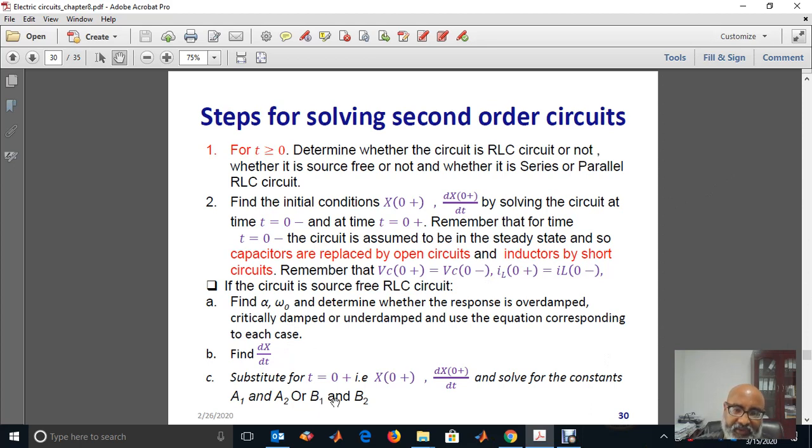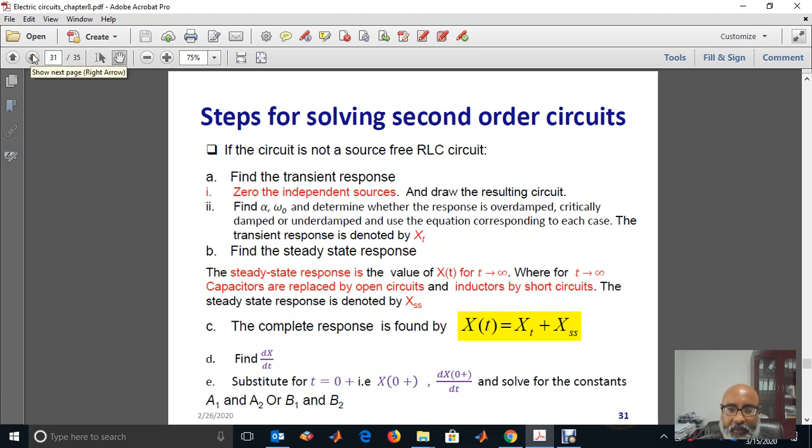And we solve for the constants using the initial conditions, x at 0 and the derivative of x at 0. And then the complete solution will be the steady state value plus the transient value. For the steady state value, we take the limit as t goes to infinity, okay? And we keep in mind the capacitor will become an open circuit and the inductor is a short circuit at steady state.